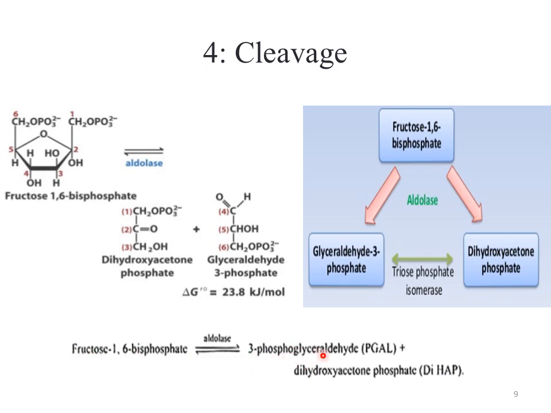The phosphoglyceraldehyde is a 3 carbon compound. Dihydroxyacetone phosphate is also a 3 carbon compound. So that's why it is technically called cleavage. That is the conversion, splitting off into two molecules. As in this procedure, again energy is produced, and that is equivalent to 23.8 kilojoule per mole.